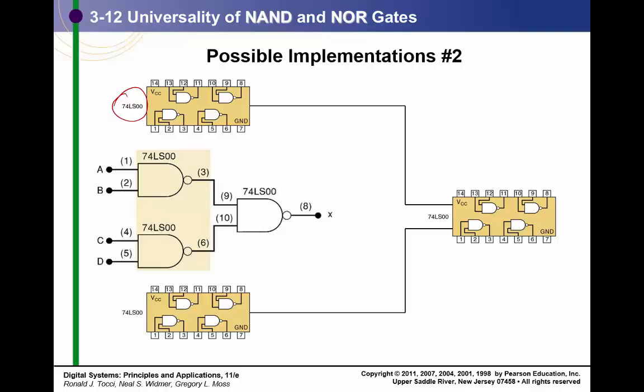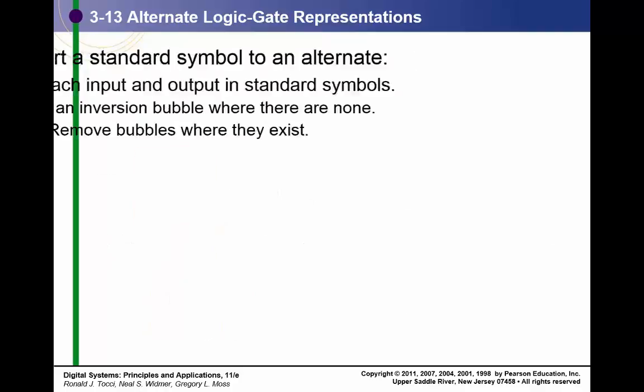It reduced the number of spare parts you had to have. You didn't have to have 15 different types of ICs. You didn't have to carry AND gates, OR gates, inverters out there. You only had to carry one, just the 7400.